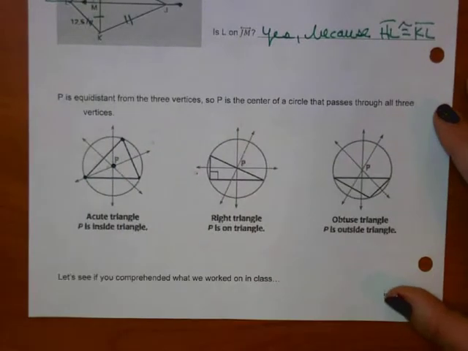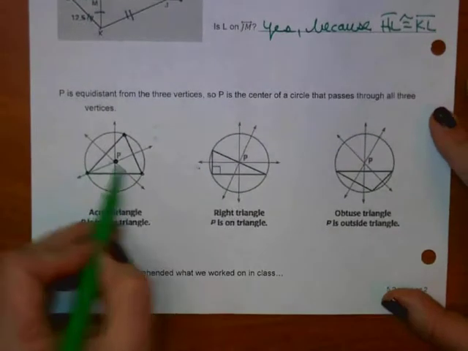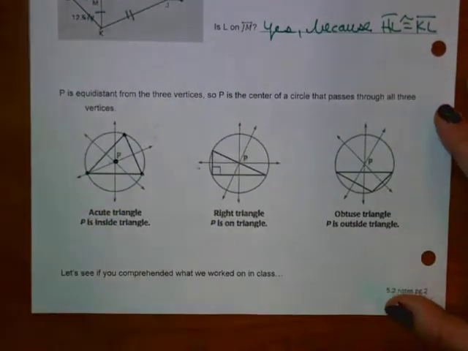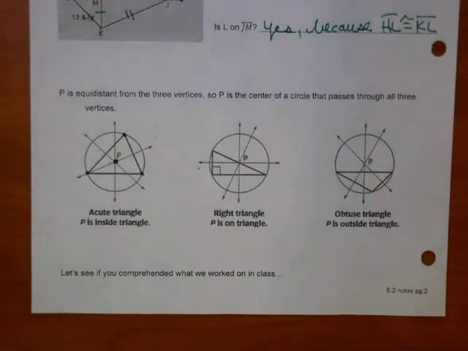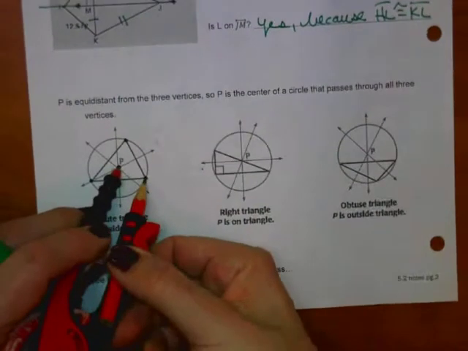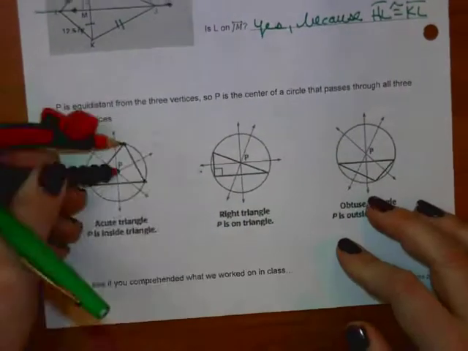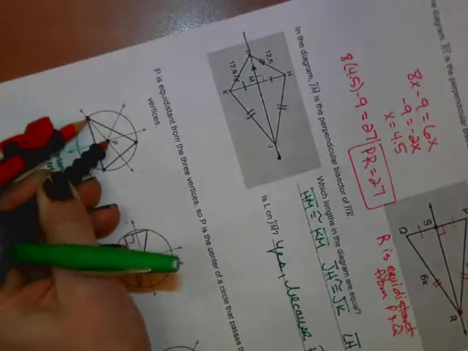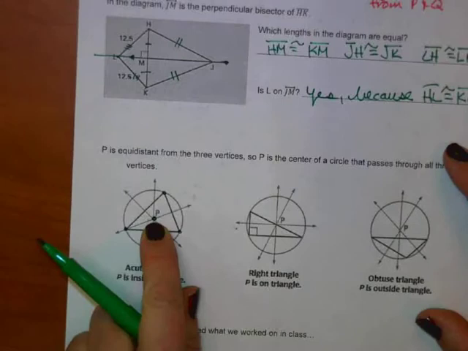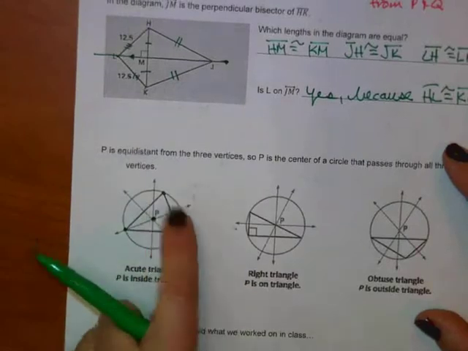Even though it's not marked on there, what does that tell me? P is what? Be bold, I can't hear you. Equidistant means what? Yeah, if I were to measure from here to here, it'd be the same. Okay? That's what it means. That point of concurrency there is the same distance from each of the vertices.